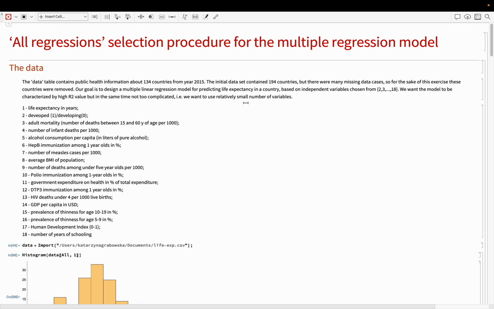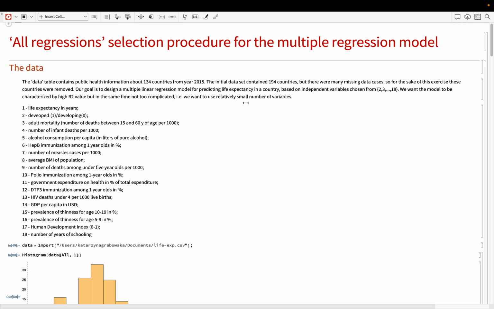All regressions means that essentially we should calculate R-square for all possible subsets of independent variables that are at our disposal. This means that we have to really produce and analyze a huge number of numbers. We will not be doing that exactly, but we will at least start in this direction.